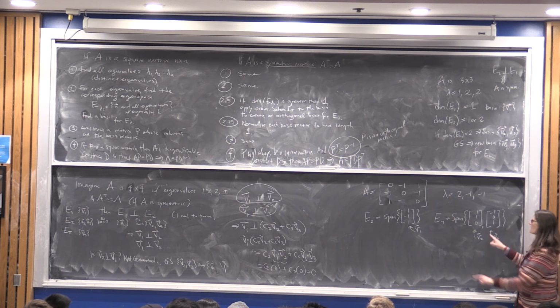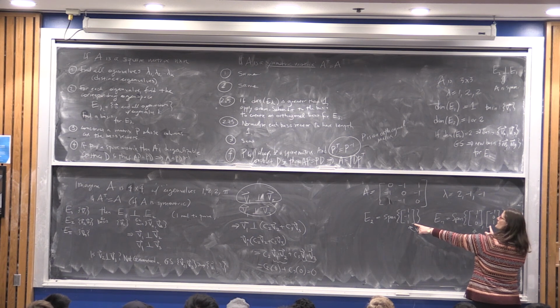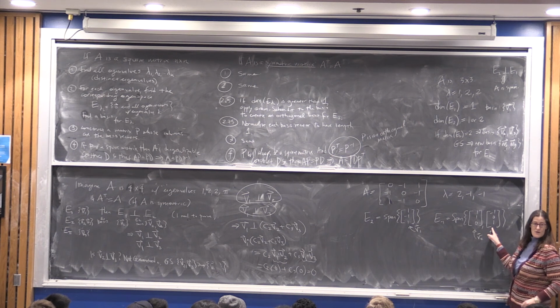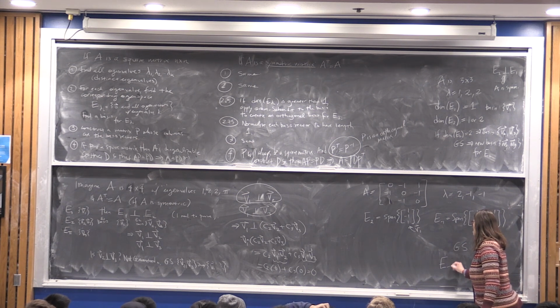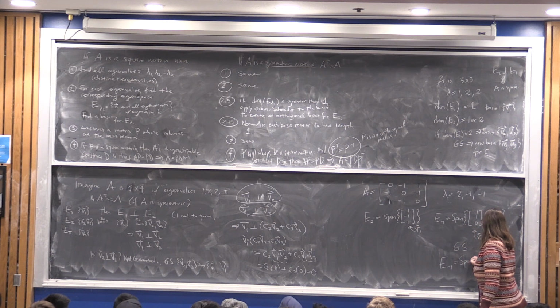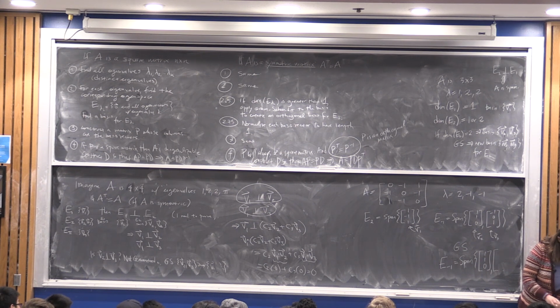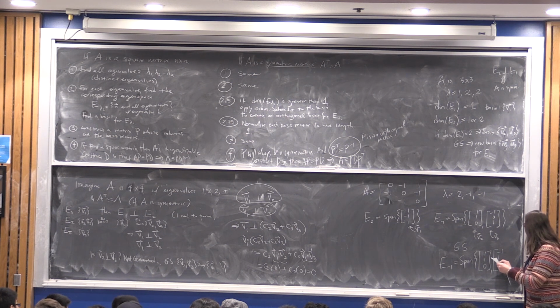You can check that these two vectors are orthogonal, these two vectors are orthogonal, but these two vectors are not orthogonal. I then do Gram-Schmidt, and I get that E minus 1 is the span of the vectors 1, 1, 0 and minus 1, 1, 2.